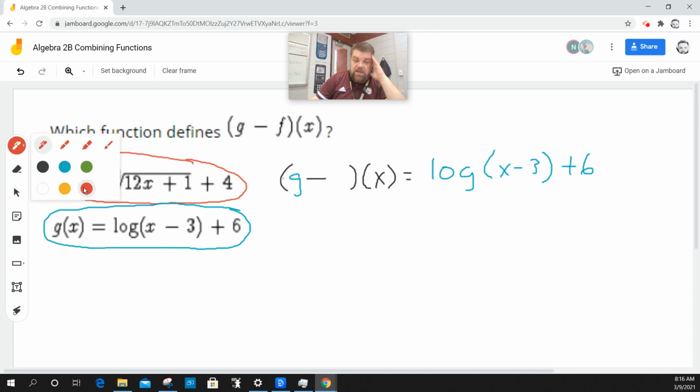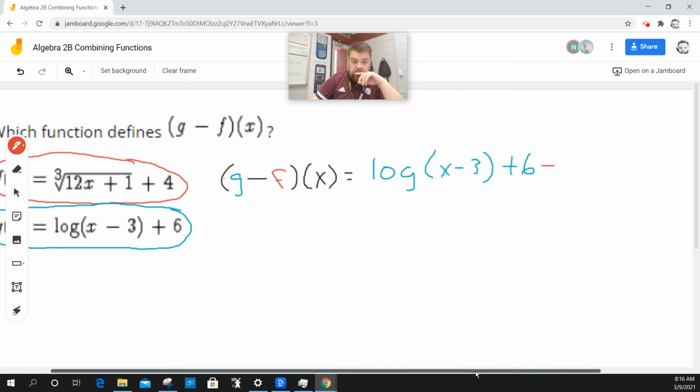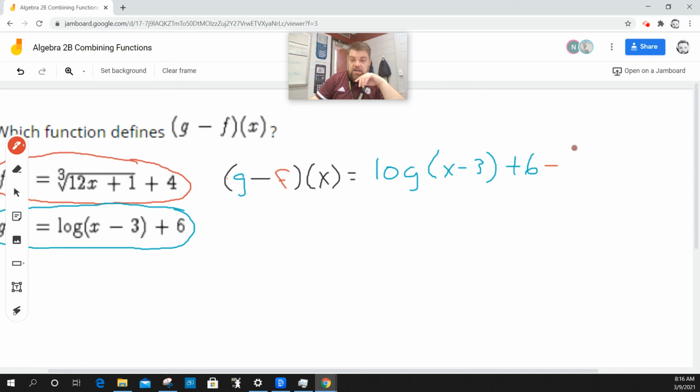And then when I go to write down f, I've got to subtract f. So what I'm going to do is I'm going to say minus, and then I've got to push that through the entire parentheses. So I say the cube root of 12x plus 1 plus 4.